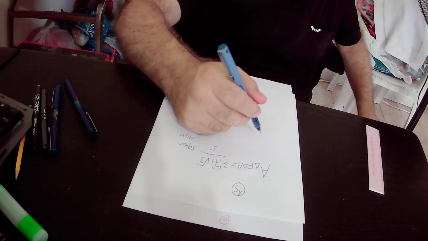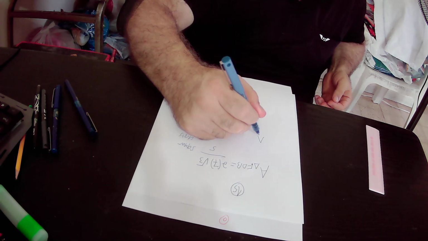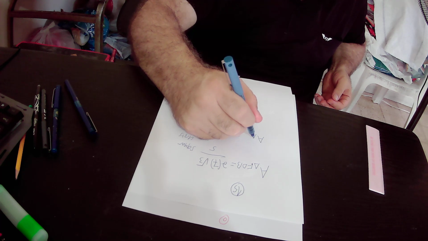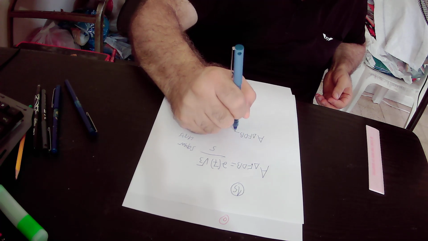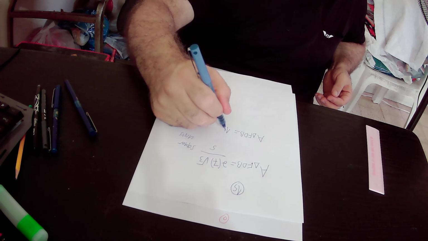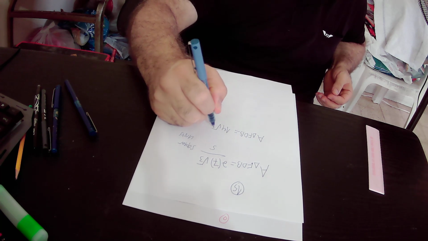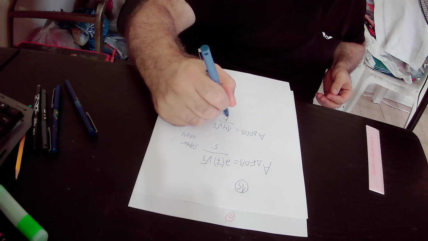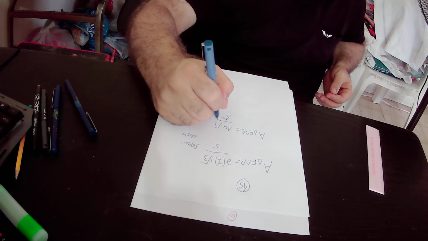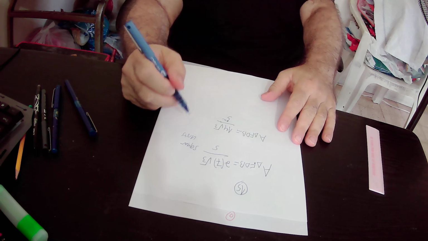So the area of the green triangle FDB equals 14 times root 3 over 5 square units.